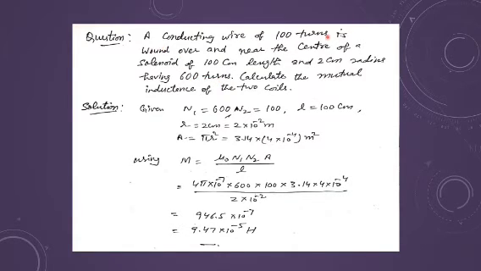It means I am winding this 100 turns coil over the solenoid having 600 turns. So this is your primary coil and this is your secondary coil. So it means N1, the number of turns in the primary coil, is 600, while the number of turns in the secondary coil is 100.